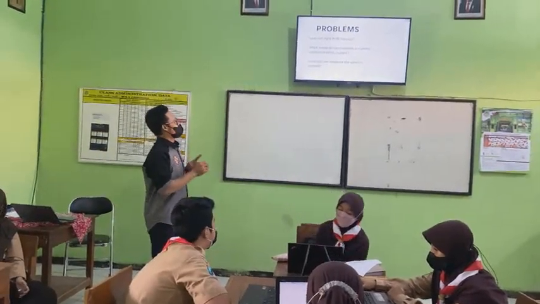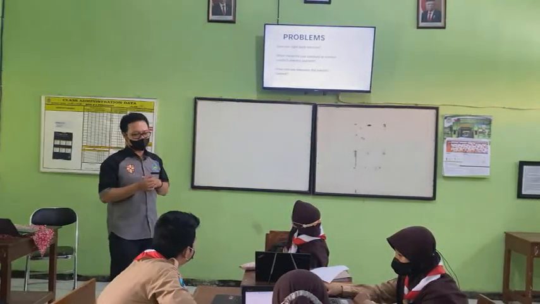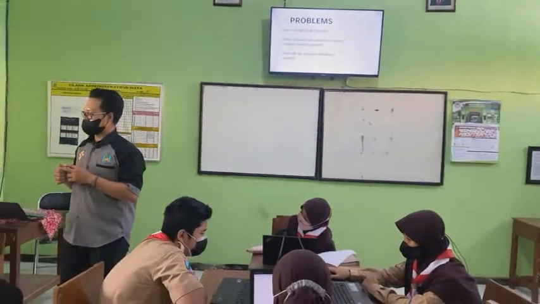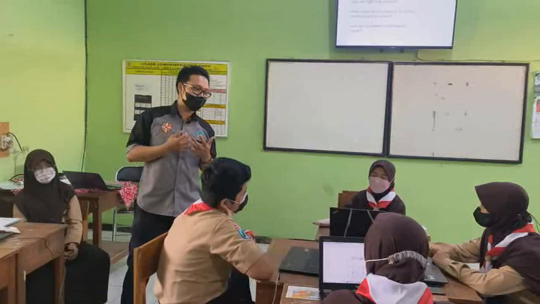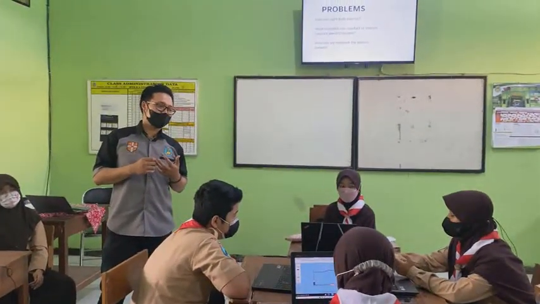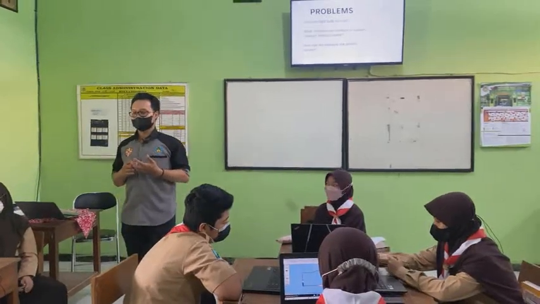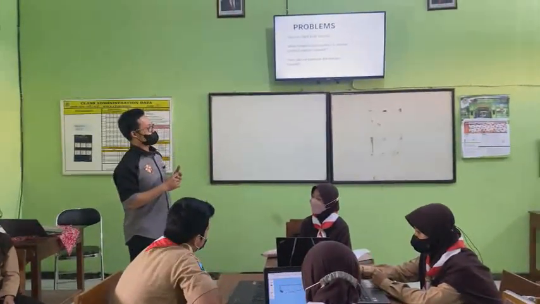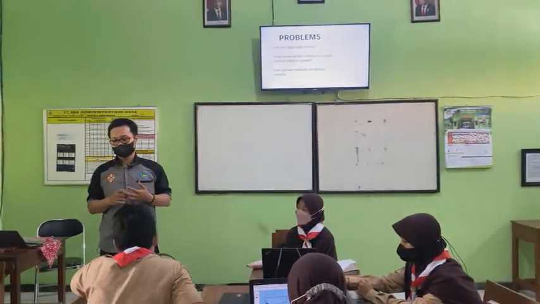And then the last, how can we measure the electric current? You can measure the electric current using the device called, disebut apa? Pakai alat apa namanya tadi? Ammeter. Okay, you can measure the electric current using an ammeter.